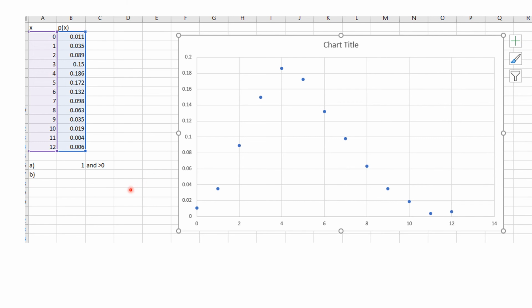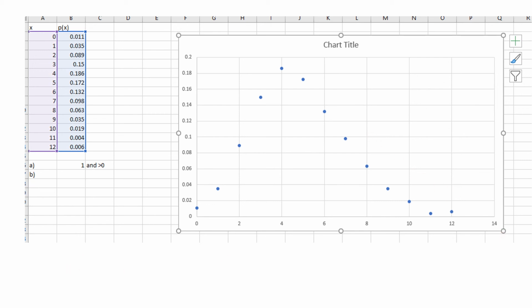Well, first of all, this is a probability distribution, because if I add up the probabilities here, I get 1, and all of them are greater than 0. If I graph these, and I'm using Excel to graph them like we talked about, you get a picture that looks like this. They didn't ask, but this one is skewed to the right.